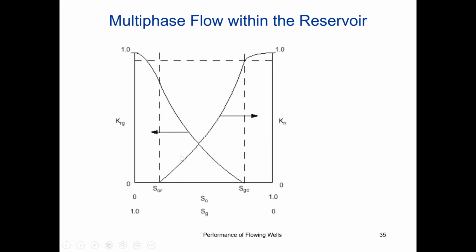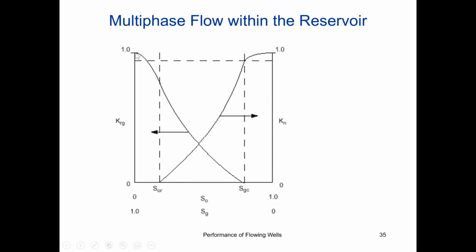Okay? So here is 100% gas. Permeability is 1. This is 100% oil. Permeability is 1, relative permeability.